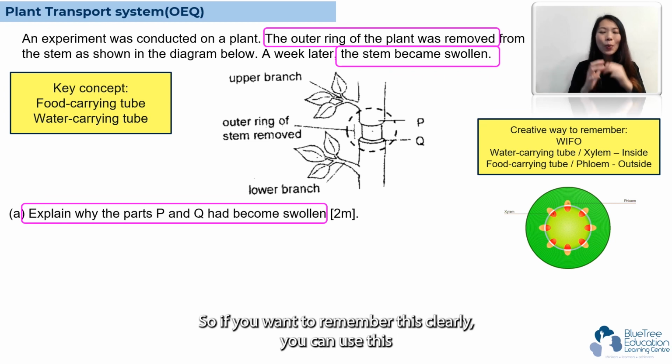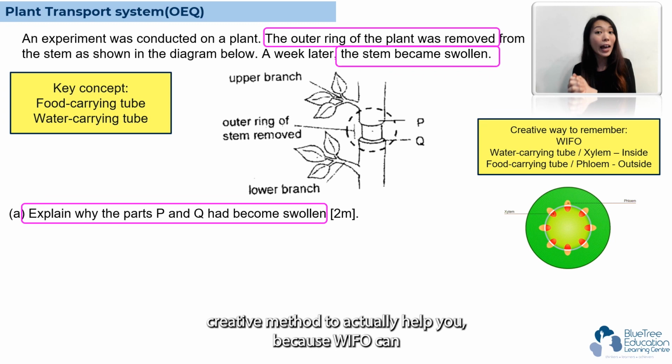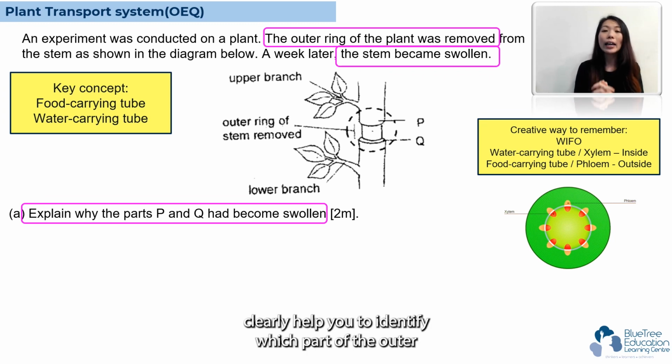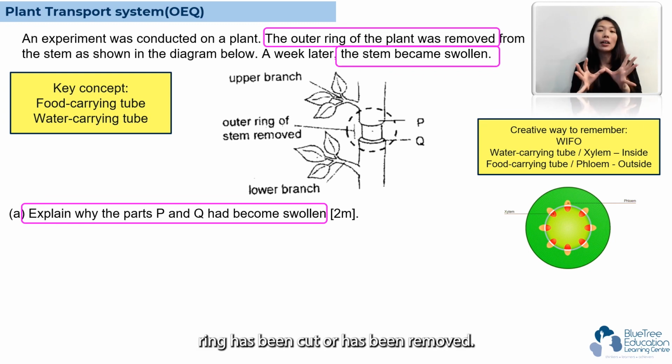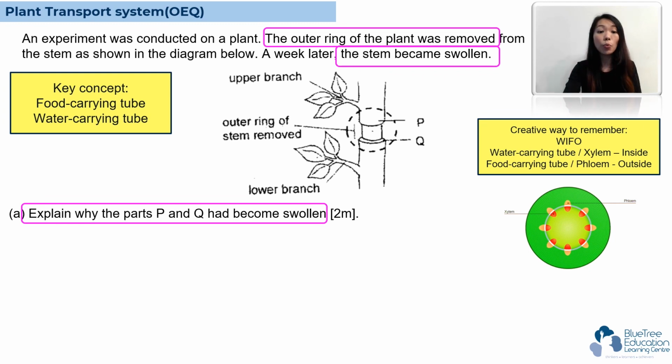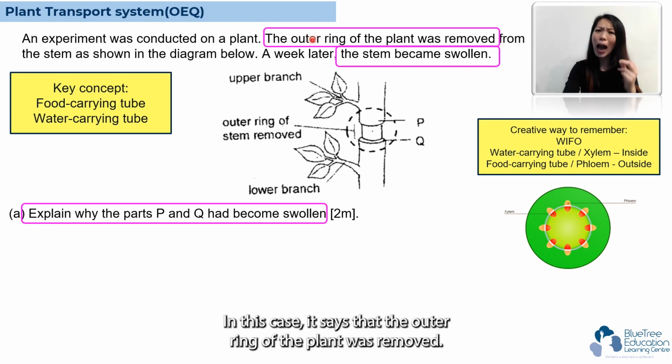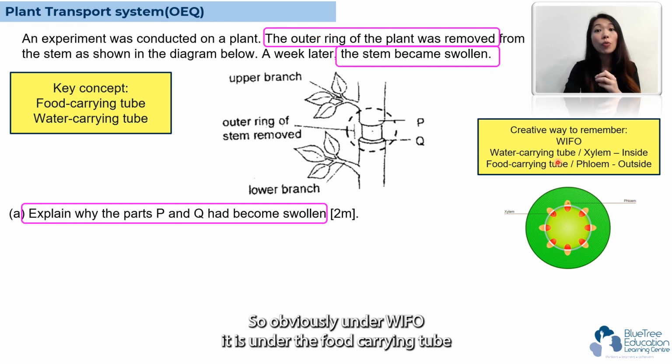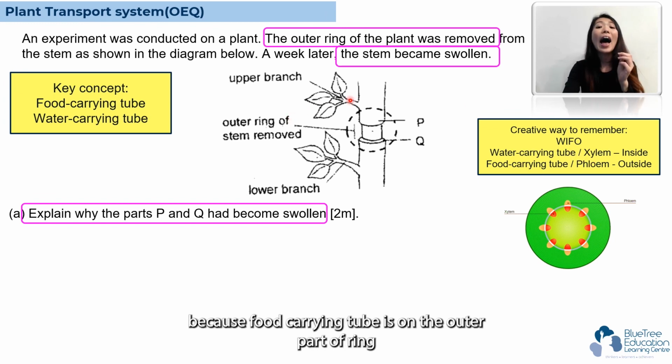So if you want to remember this clearly, you can use this creative method to help you, because we-fold can clearly help you to identify which part of the outer ring has been cut or removed. In this case, it says the outer ring of the plant was removed. So obviously under we-fold, it is the food carrying tube because the food carrying tube is on the outer part of the ring.